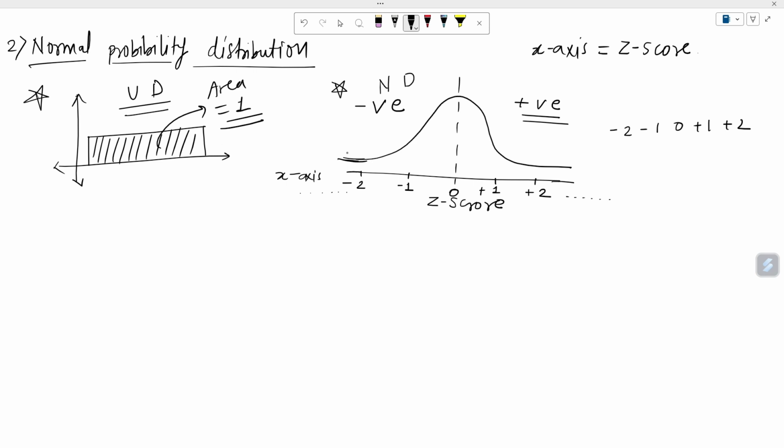Similarly, in the case of normal probability distribution, the whole portion inside the bell curve is 1. The area of the bell-shaped curve is always going to be 1. I hope you got it.